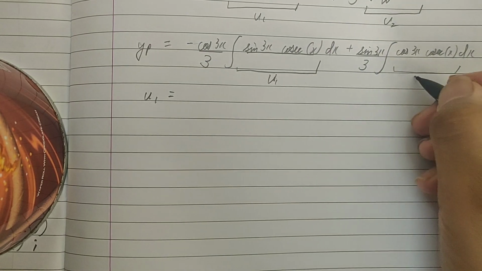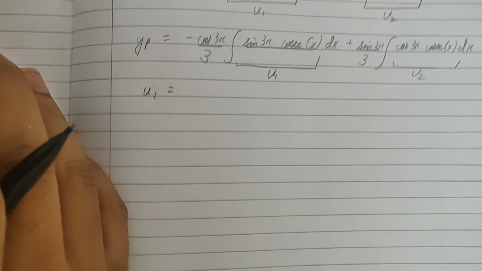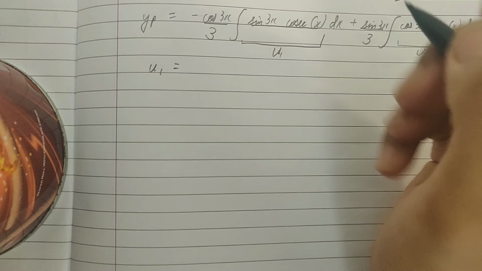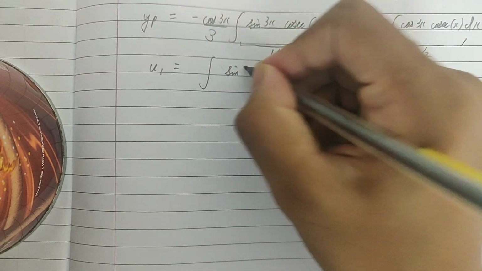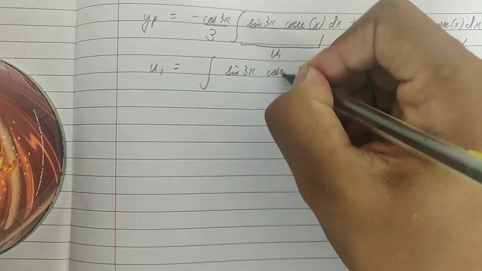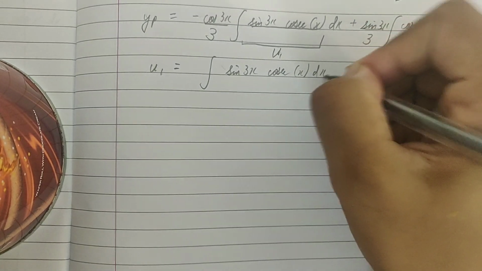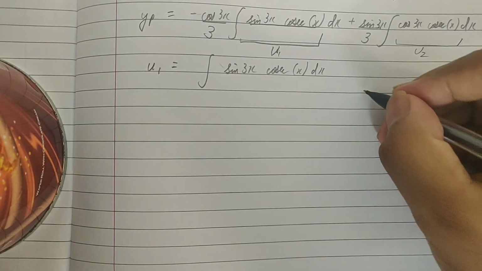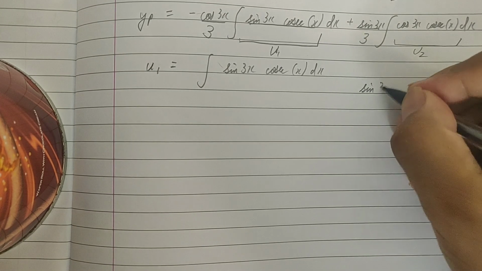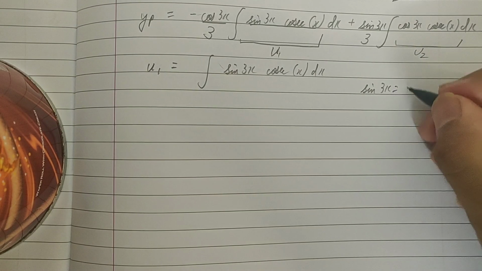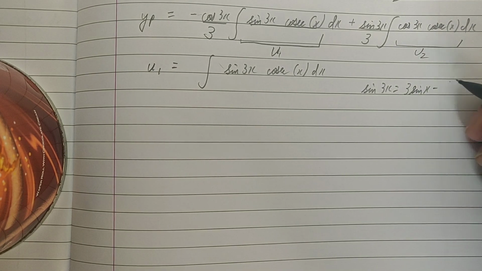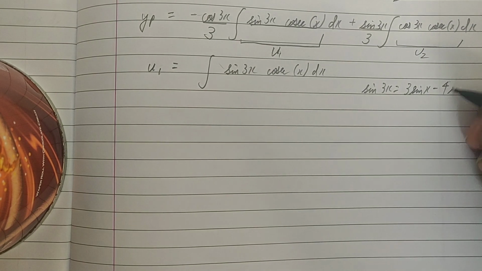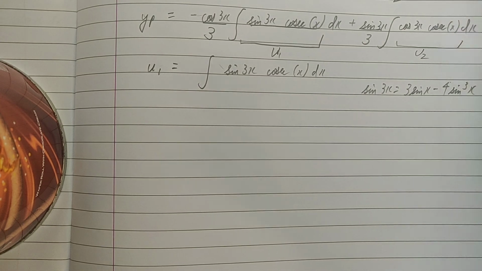So u1 is equal to the integral of sine 3x cosec x dx. So sine 3x is given as 3 sine x minus 4 sine cube x.